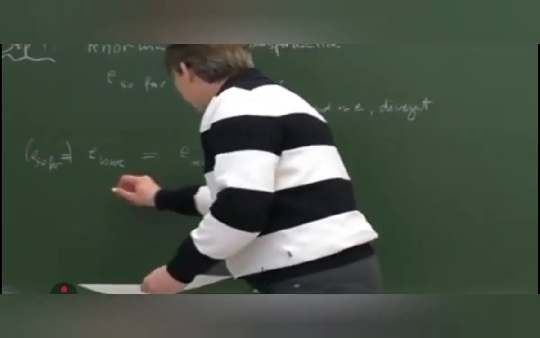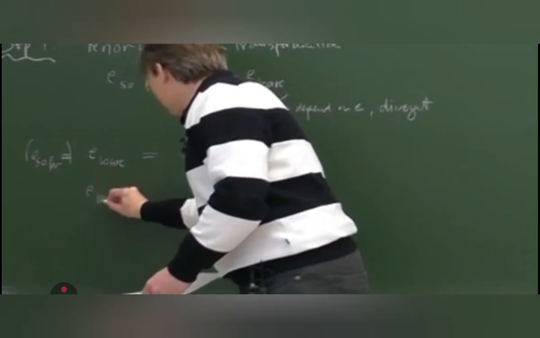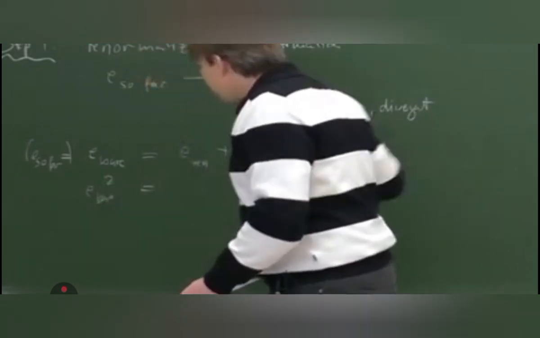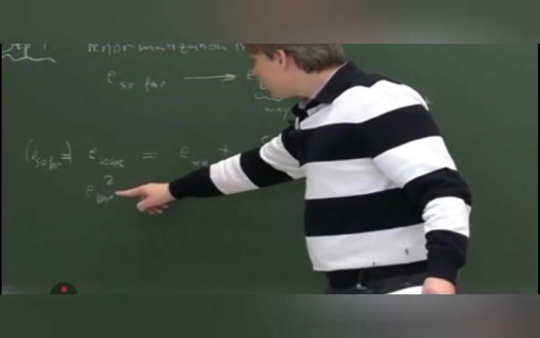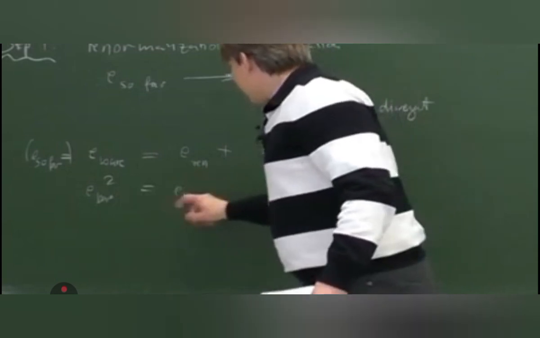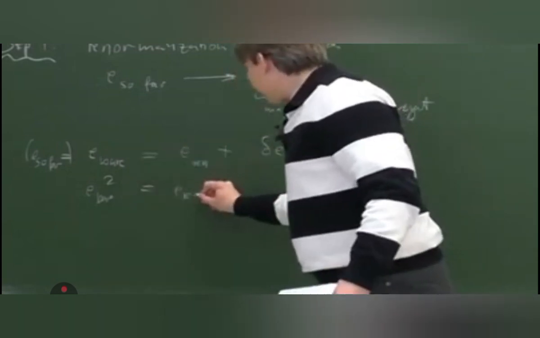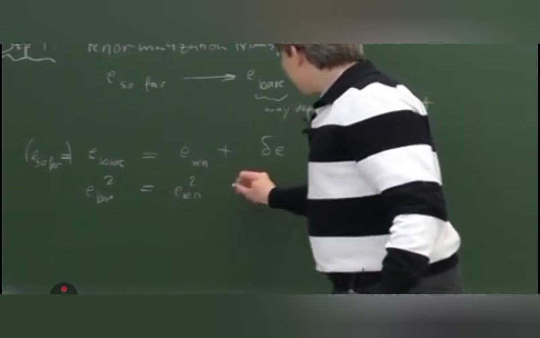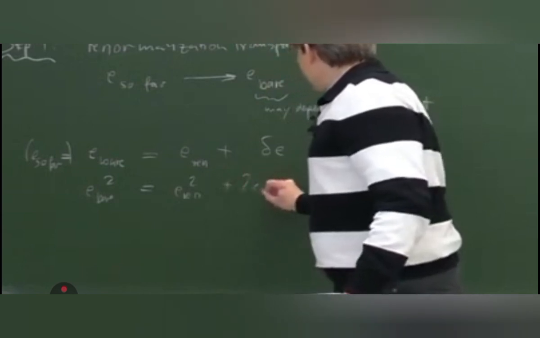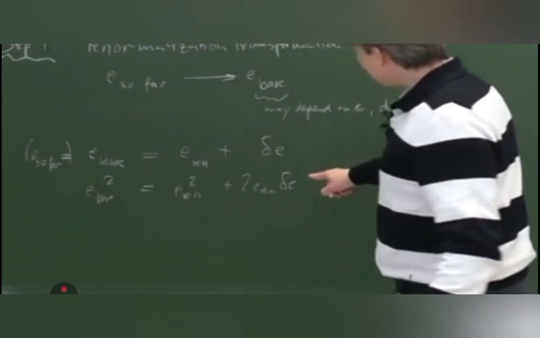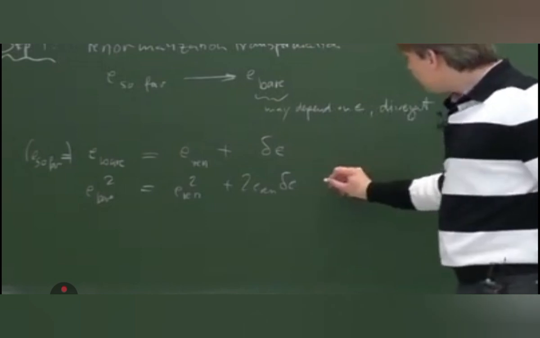Let me also give a second formula which is then more useful in practice. We can do the same for E square, which is the square of the line before, which is E square renormalized plus 2 E renormalized times delta E. And let's ignore the delta E square.